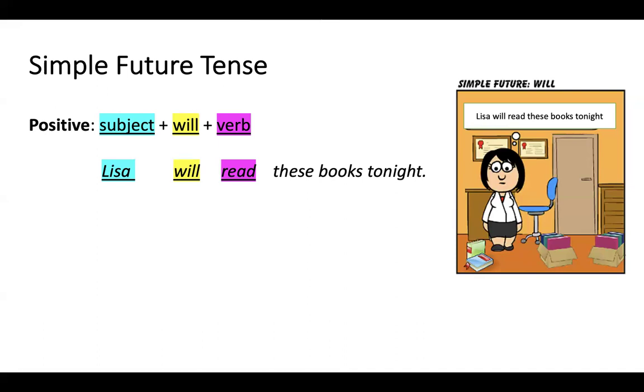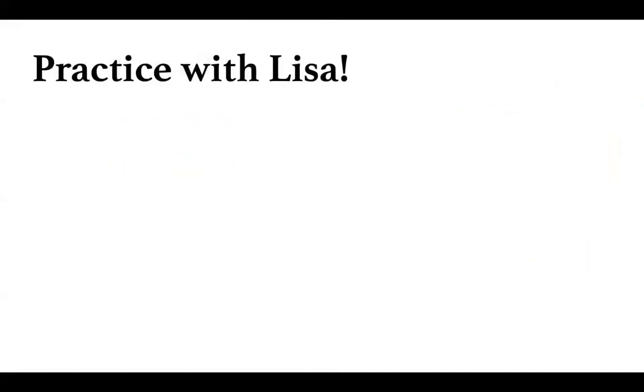So we're left with Lisa will read these books tonight. The positive simple future tense is like making a prediction or a promise about what will occur in the future. So let's keep this formula in mind. Subject plus will plus verb, and do the practice activity.